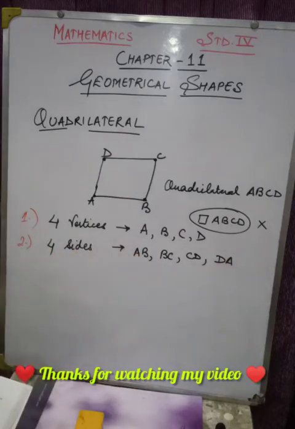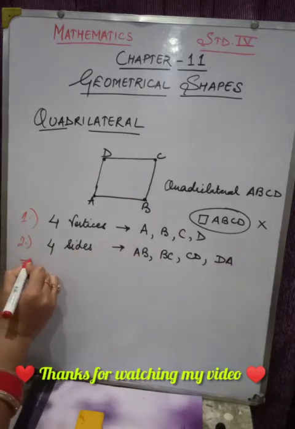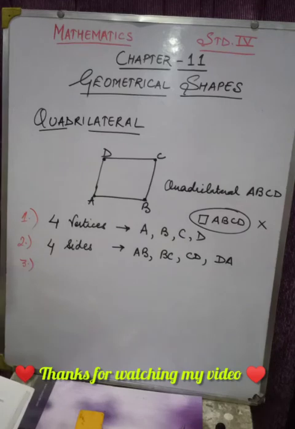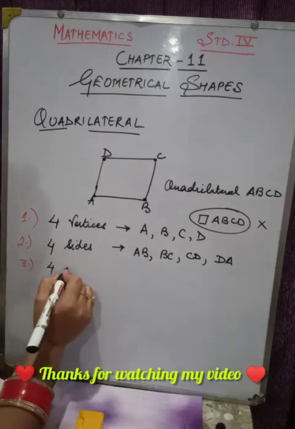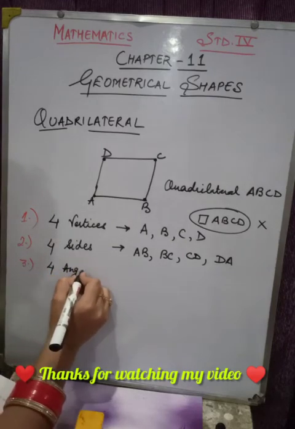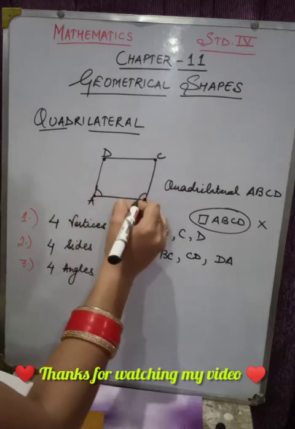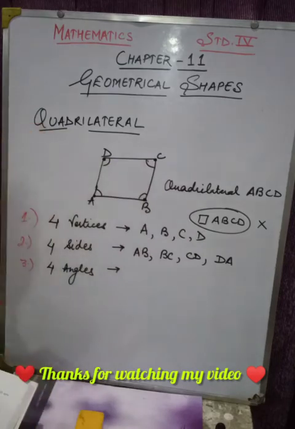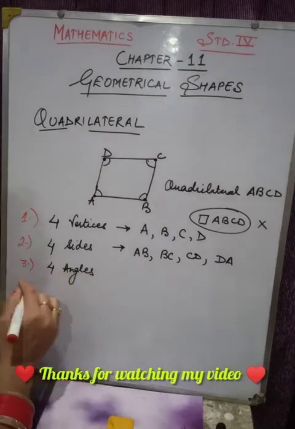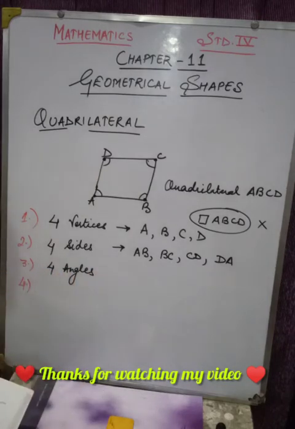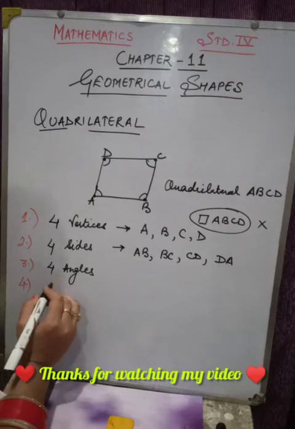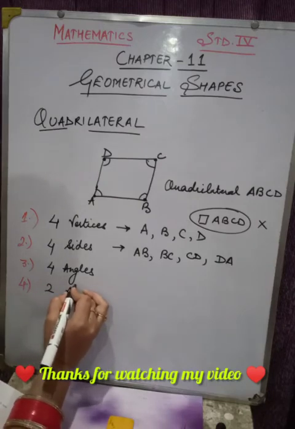Next property is quadrilateral has 4 angles. 4 sides, so there will be 4 angles. Angle A, B, C and D. These are the 4 angles. Last property is quadrilateral has 2 diagonals.